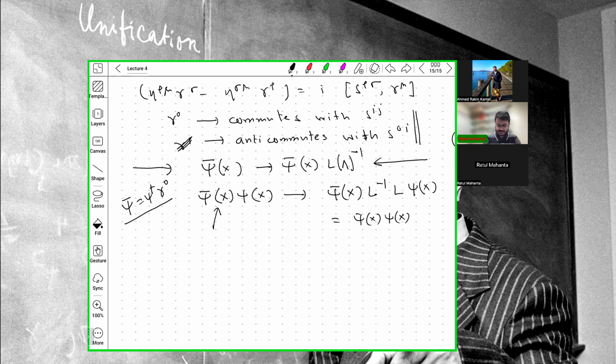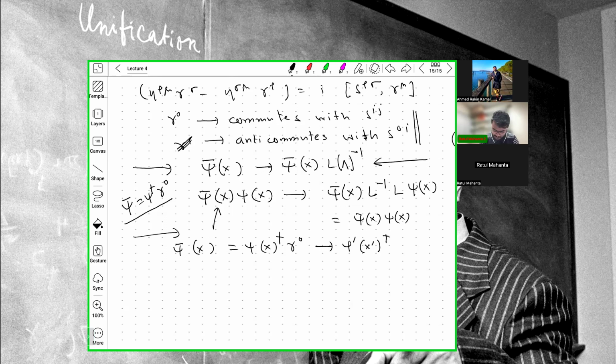Now I will sketch how you can see this. So psi bar x is psi x dagger gamma 0, and this goes under Lorentz transformations.